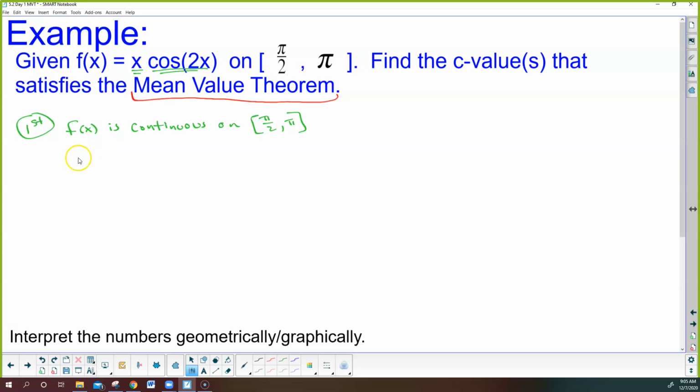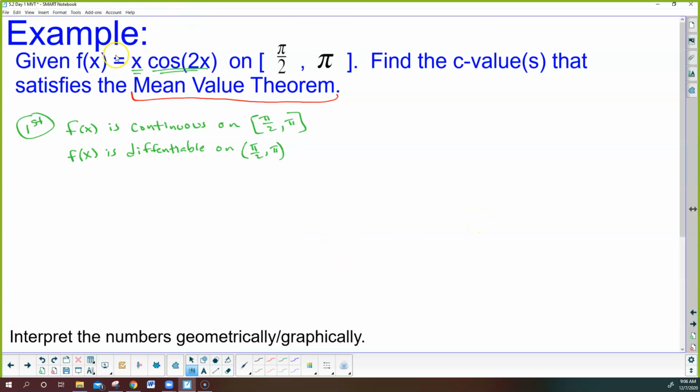And there's no breaks or jumps or any weird parts about this. So that also means that f of x is differentiable on the open interval. All right, so those are the two things you have to write.